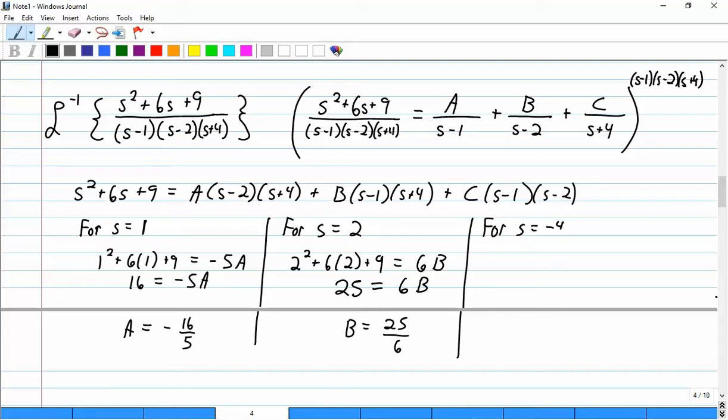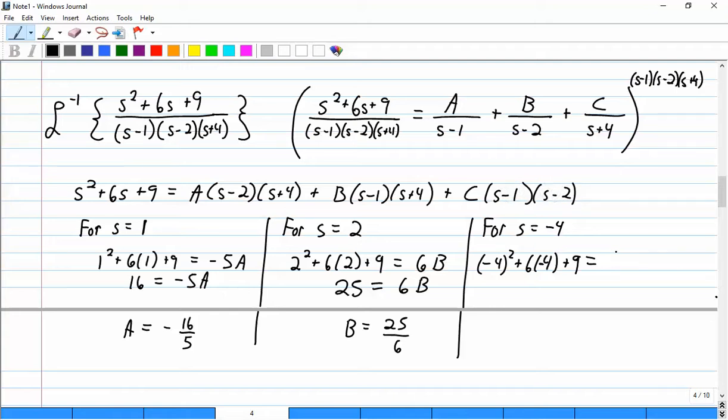-4. That's right, because that would make my a term and my b term both go to 0 and go away. So I have -4 squared plus 6 times -4 plus 9 equals, a and b go away, and that's going to leave me with -5 times -6 in front of the c.